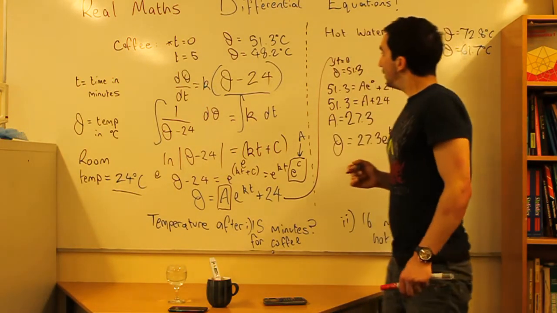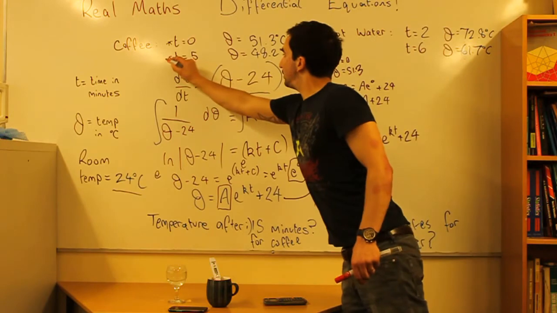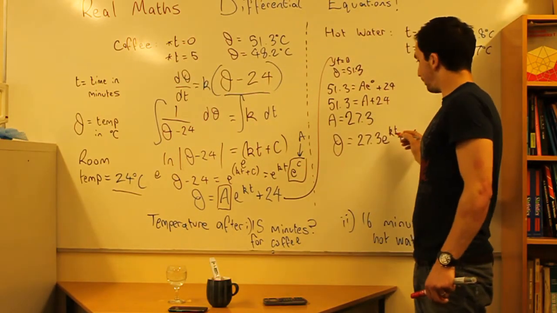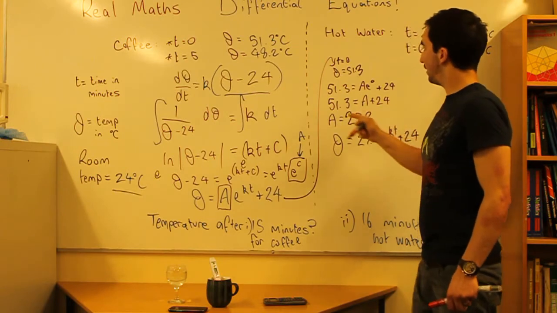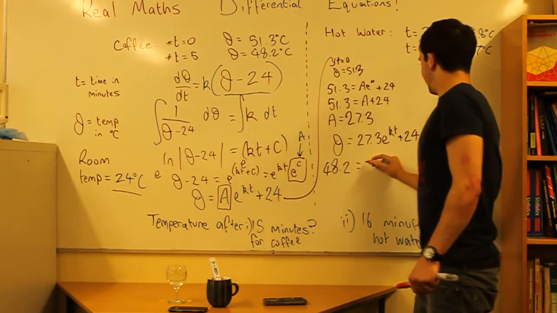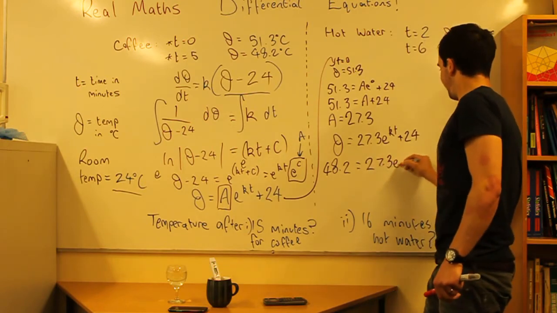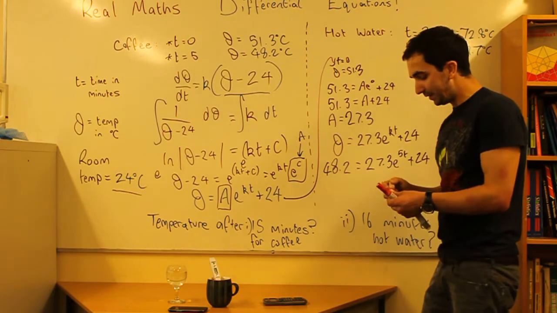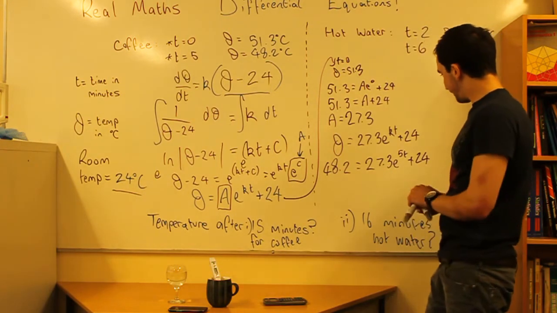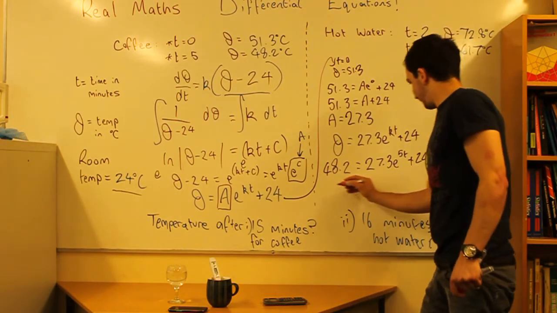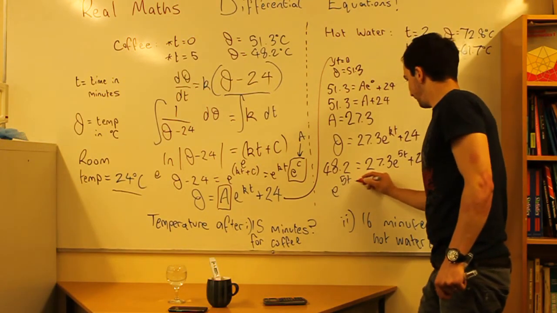Okay, now we know t equals 5, theta equals that. So we're going to put in t as 5 and theta as that. 48.2 equals 27.3 e to 5t plus 24. We solve this, take away 24, divide by that, so we get e to 5t.